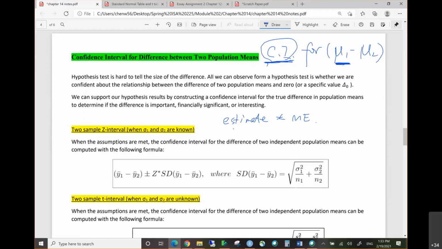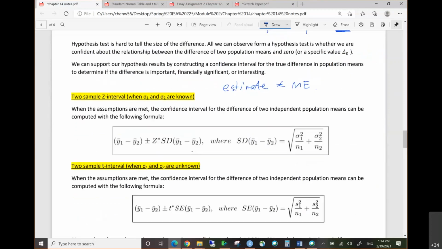Right? So since we still want the confidence interval for the population mean, we need to take care of two cases again, depending on whether the population standard deviations sigma 1, sigma 2 are given, or they are not given.